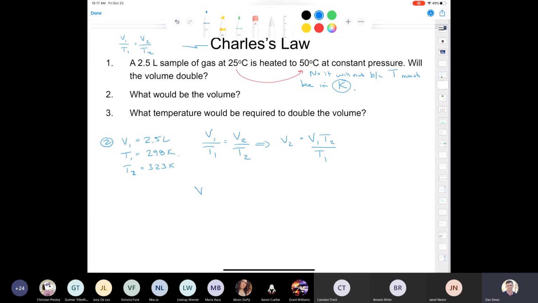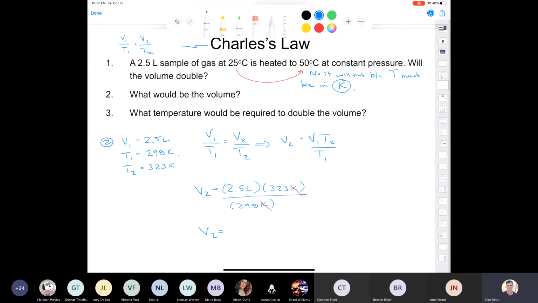Now we can plug in some numbers. V2 is going to be equal to 2.5 liters multiplied by 323 Kelvin divided by T1, which is 298 Kelvin. Look at this, the temperature units cancel, and we're left over with our V2.